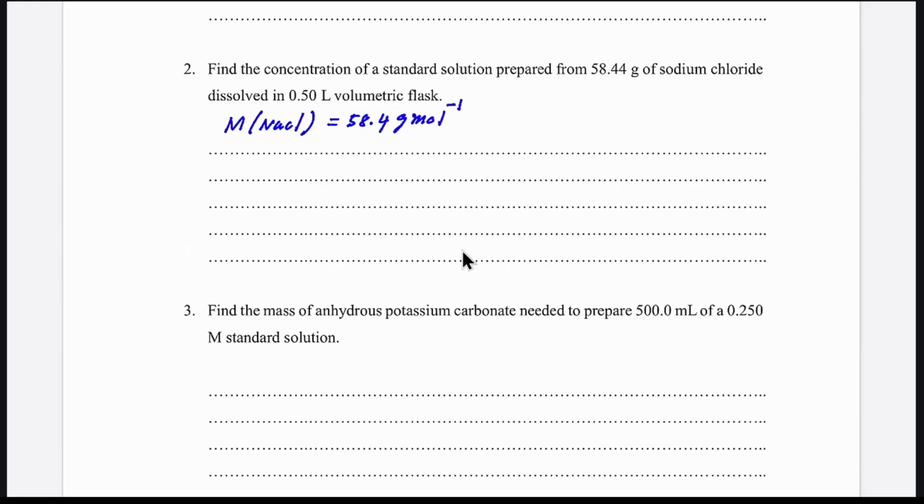Then the number of NaCl moles is 58.44 divided by 58.4, almost 1 mole. Concentration is number of moles divided by volume, so 1 divided by 0.5, which is 2 M. Okay, done.